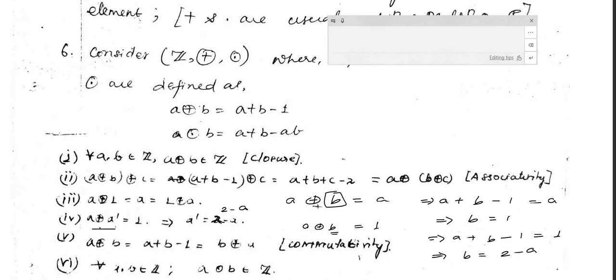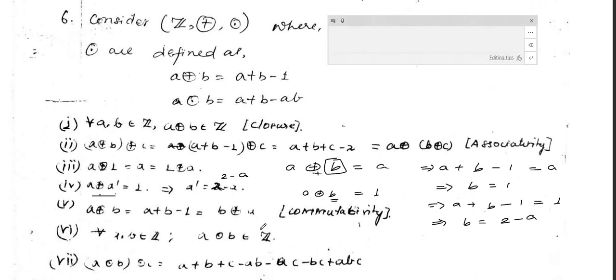So then commutativity can easily be checked, and because this addition is addition of integers, which is commutative, that is why you are getting circle plus to be commutative.